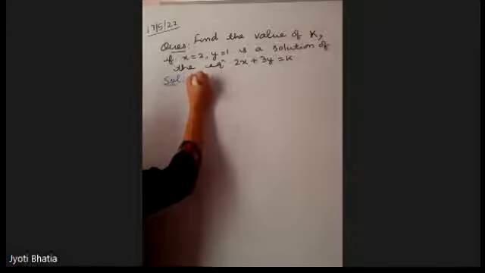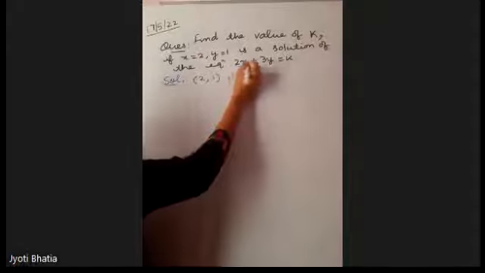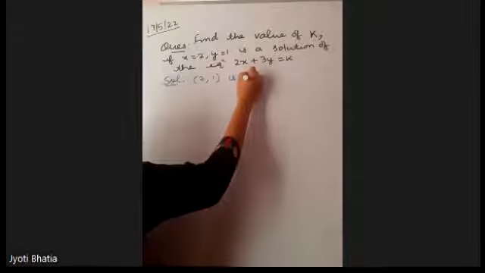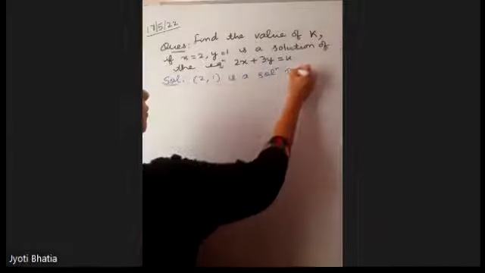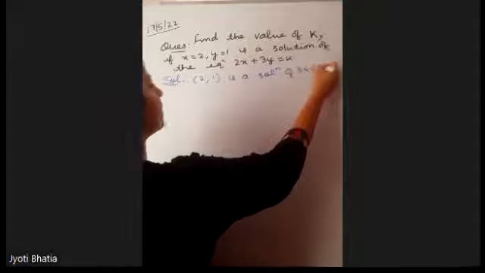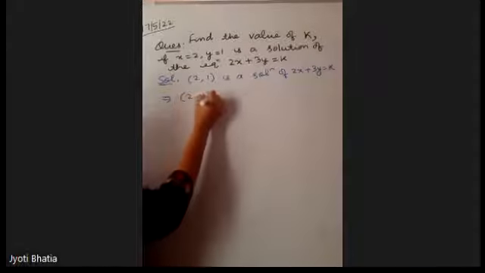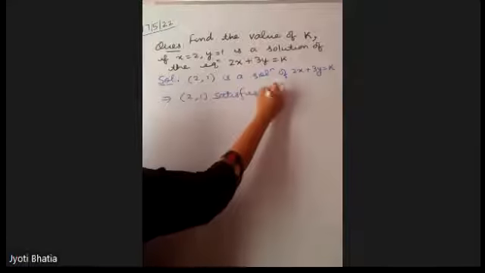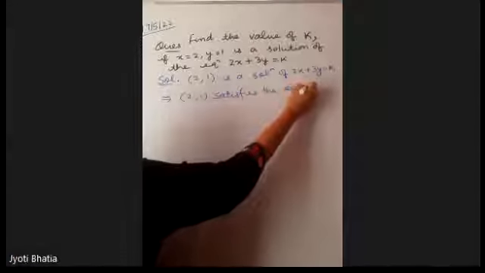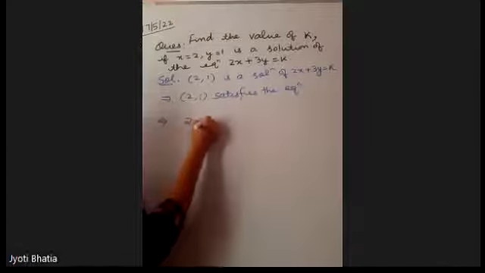So you simply write (2, 1) is a solution of 2x plus 3y is equal to k. This means (2, 1) satisfies the equation. So this gives me 2 into 2.